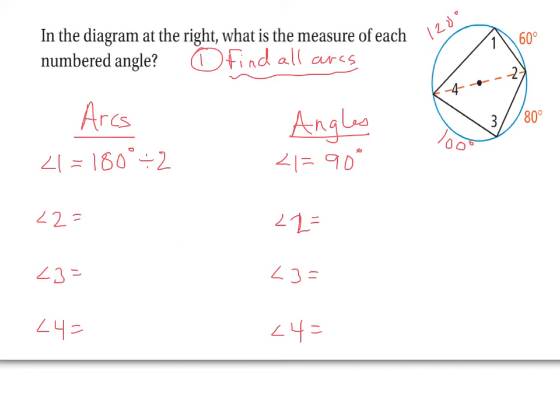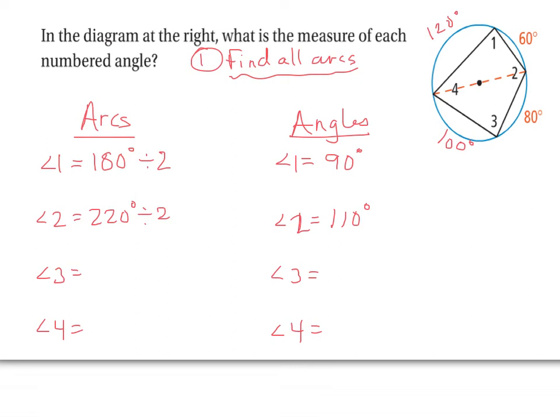Now, angle 2, if you follow out the angle, the two chords, you have 100 plus 120. So that means the arc is 220 degrees. That's the arc that goes with the angle. If I divide that by 2, that's going to give me the angle measure, and the angle measure of angle 2 is 110.